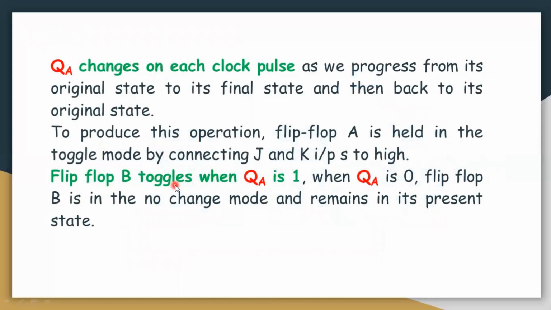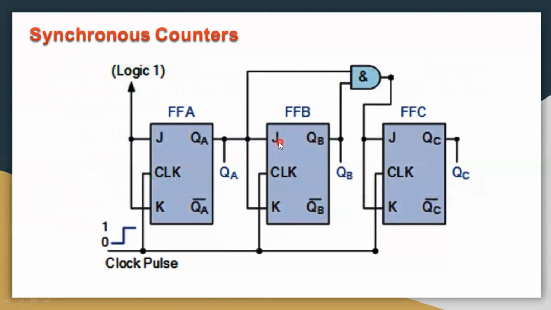Now, flip-flop B toggles when QA is 1. When QA is 0, flip-flop B is in the no change mode. The input of B is the output of flip-flop A. So, whenever this input QA, the output of FFA, is high, the second flip-flop FFB gets toggled.